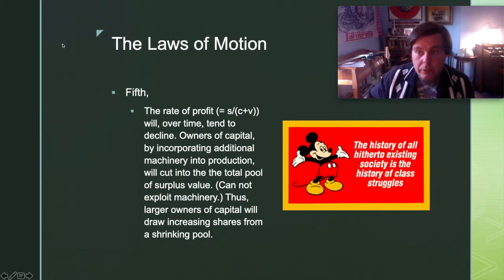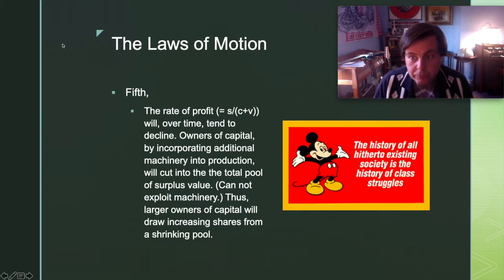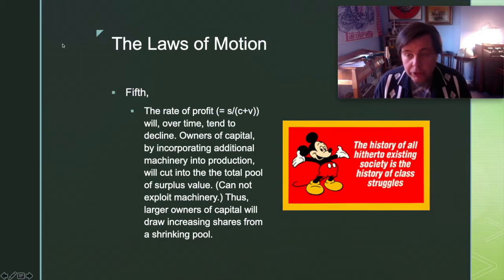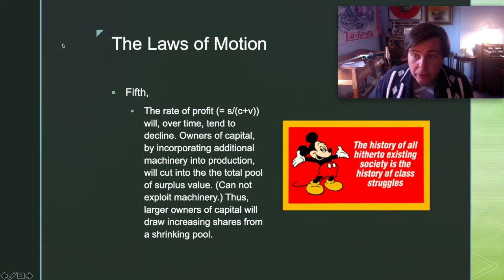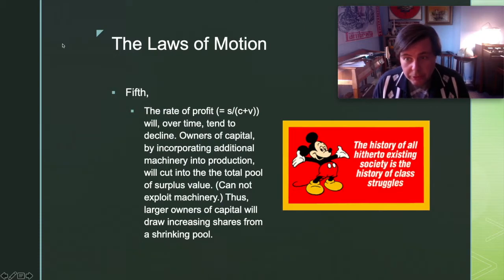You can't negotiate it downwards. But you can negotiate your wages downwards, and that's where you're going to get your surplus value. Well, as wages become a smaller and smaller share of your total cost outlay, there is less and less to exploit, and as a consequence, all things being equal, the rate of profit falls in the Marxian scheme. Okay, fifth law of motion.